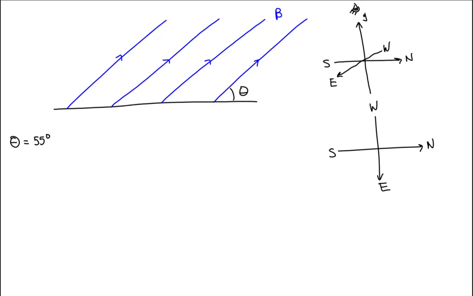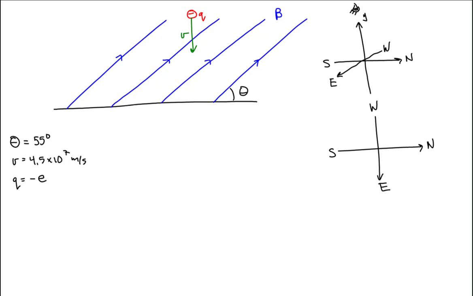We are given that a cosmic ray muon is headed straight down towards Earth's surface. The speed at which this muon is moving is 4.5 times 10 to the 7th meters per second. Now, muons are charged particles. The charge of this muon is given as the charge of an electron, which we will represent as Q equals minus e.